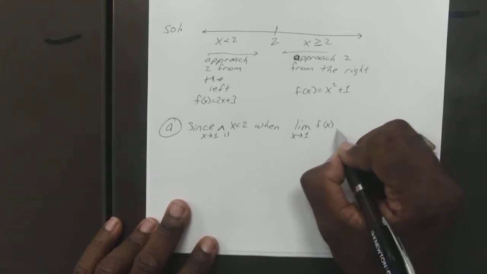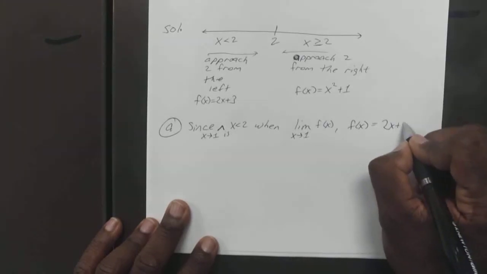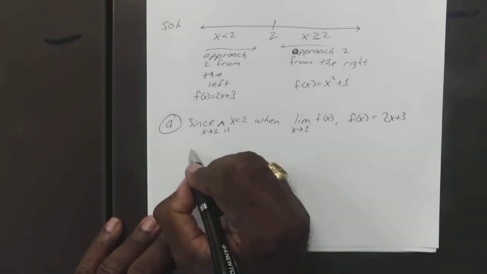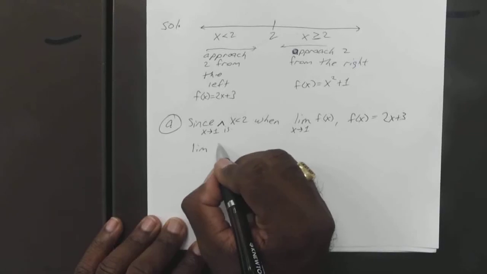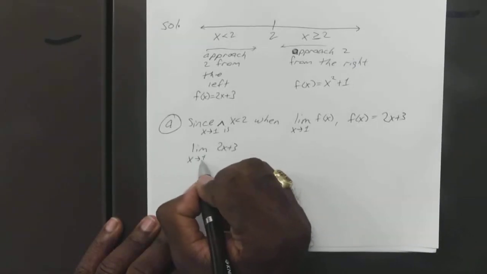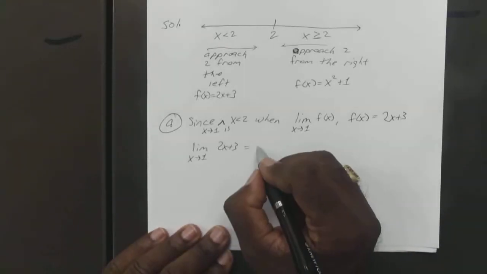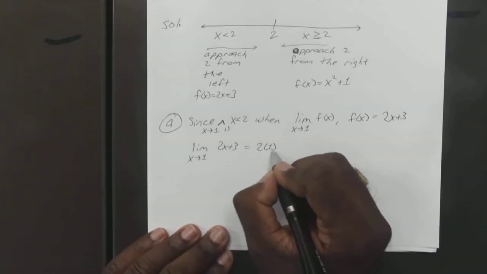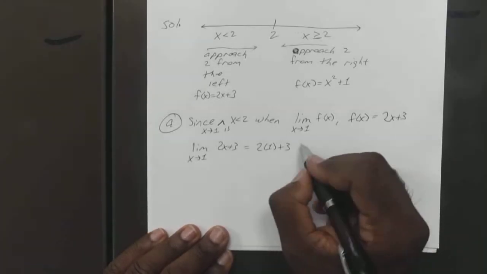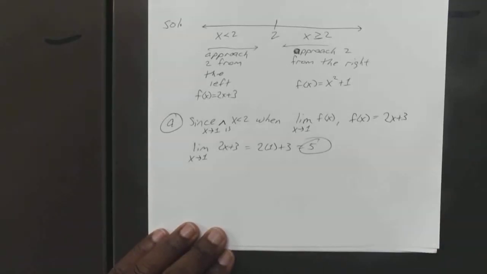So we're going to use f of x equals 2x plus 3. Okay, so we just have to find the limit of 2x plus 3 as x approaches 1. Since it won't make anything undefined if we plug it in, we just plug it in. So 2 times 1 plus 3, which is 5.